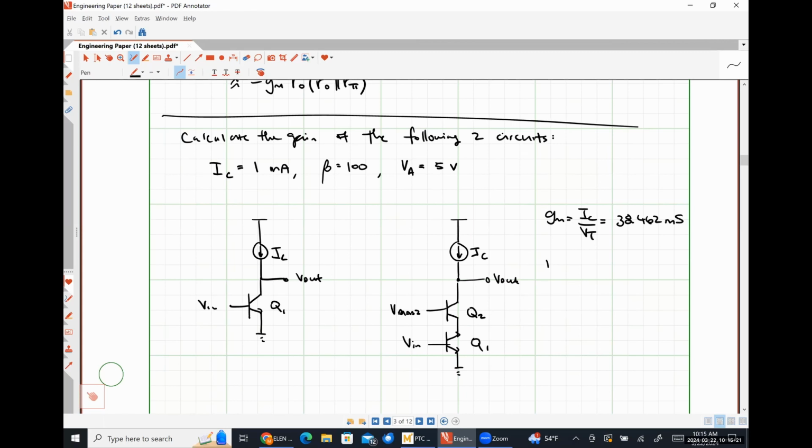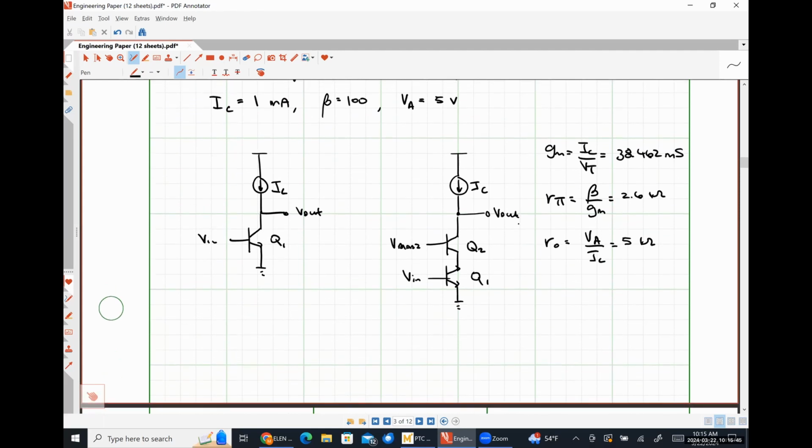Our rπ value, which is just beta over gm, would come out to be 2.6 kiloohms. And our ro value, which is just our Early voltage VA divided by IC, comes out to be 5 kiloohms.